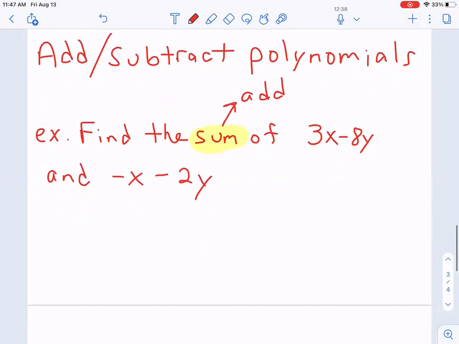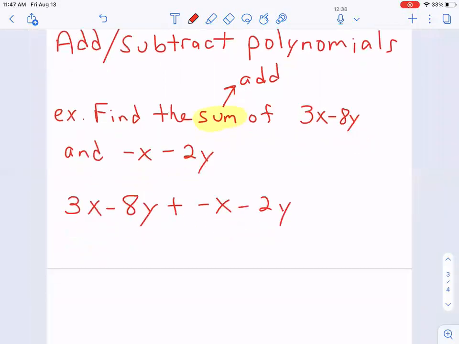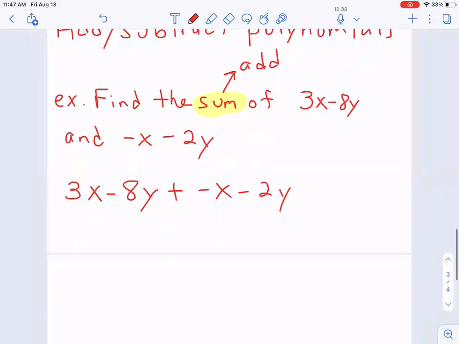So I'm going to write this out, and you don't necessarily have to do this if you can do this without writing out the step. I'm just adding together this and this, but I am going to write it out for you guys. So I have 3x minus 8y plus negative x minus 2y. And I'm going to take another step.